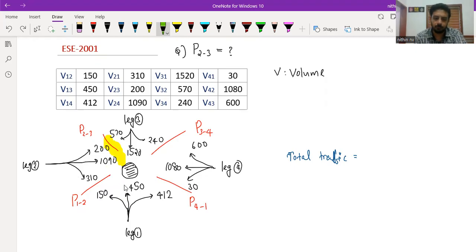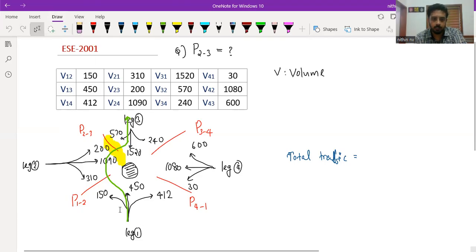But what about these 450 vehicles? Yes. They'll be coming like this, turning like this. Yes, they are going to use this location, then they will be taking the turn. Understanding? So those 450 vehicles will definitely be using it. Now, similarly, what about the other vehicles? What about this 412?